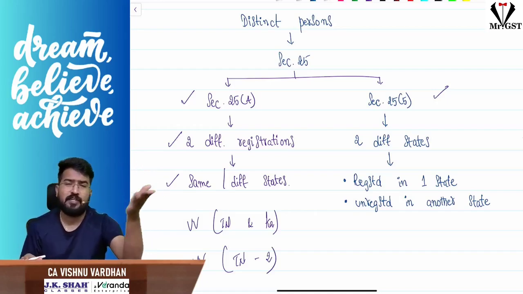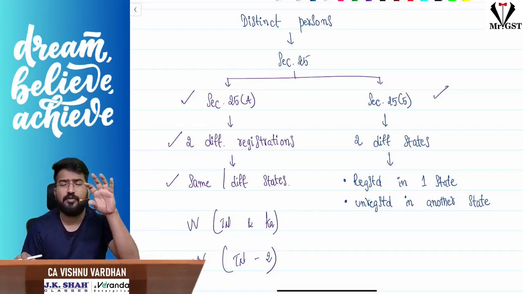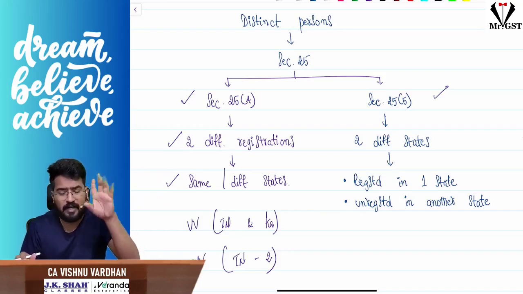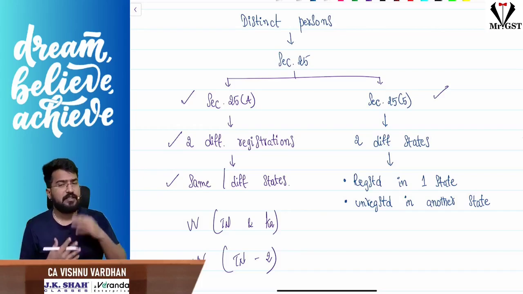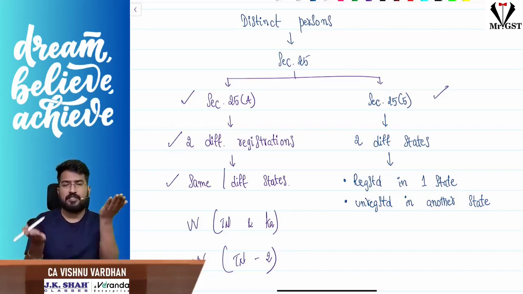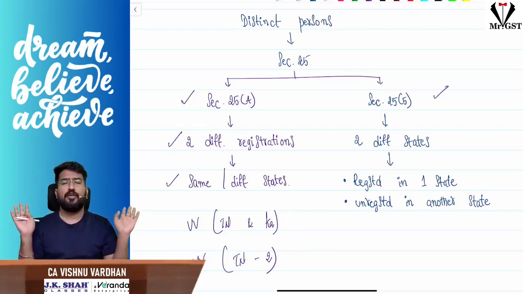Maybe I am doing furniture business also, restaurant business also in Tamil Nadu. For restaurant business I have a separate registration, furniture business I have a separate registration, possible. So two different registrations is the primary criteria. Two different registrations, same state or different states, these two registrations are called as belonging to distinct persons.